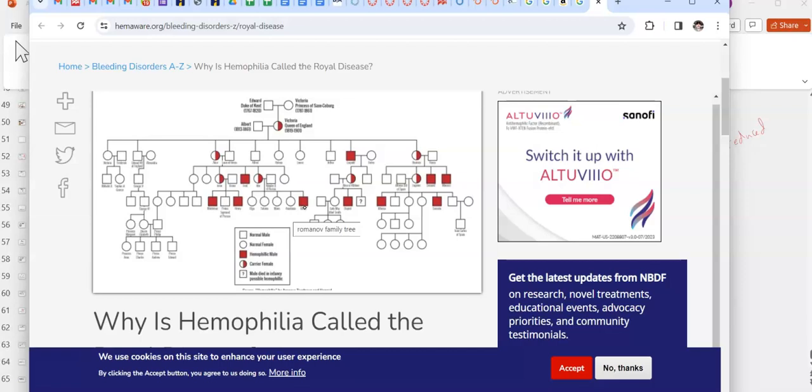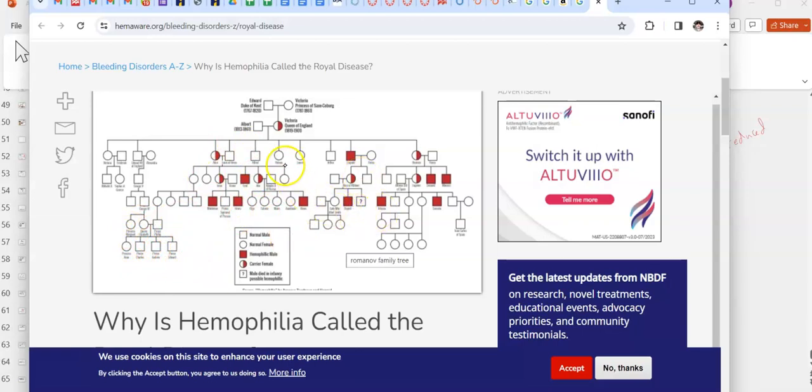But only in return he wanted to have power over Russia. So the Russian Revolution, believe it or not, was actually caused by a genetic disease. And then you probably heard about Anastasia and all these individuals being beheaded during the Russian Revolution, the Romanovs.